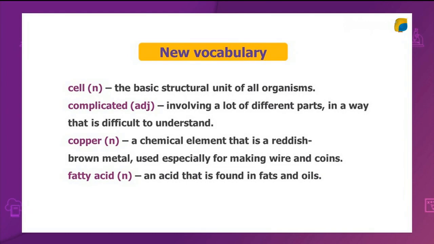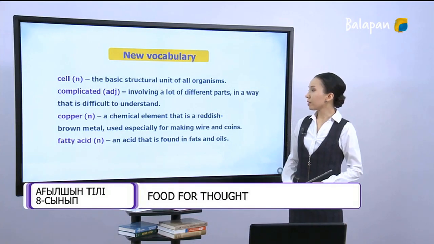It means involving a lot of different parts in a way that is difficult to understand. Copper. Copper is a chemical element that is a reddish-brown metal used especially for making wire and coins. Fatty acid. Fatty acid is an acid that is found in fats and oils.